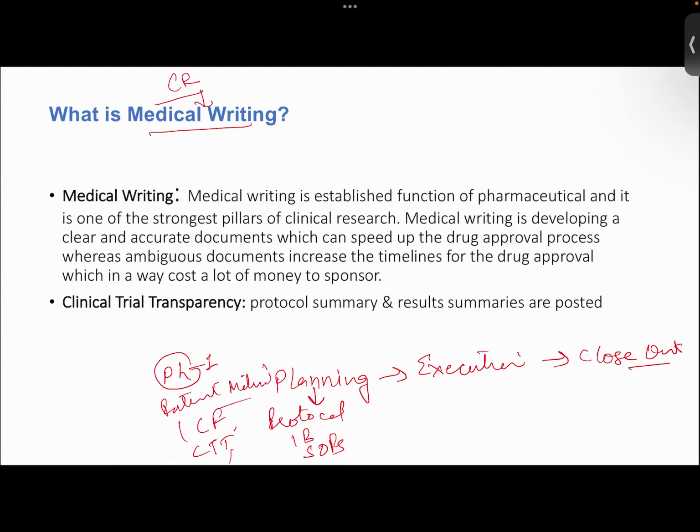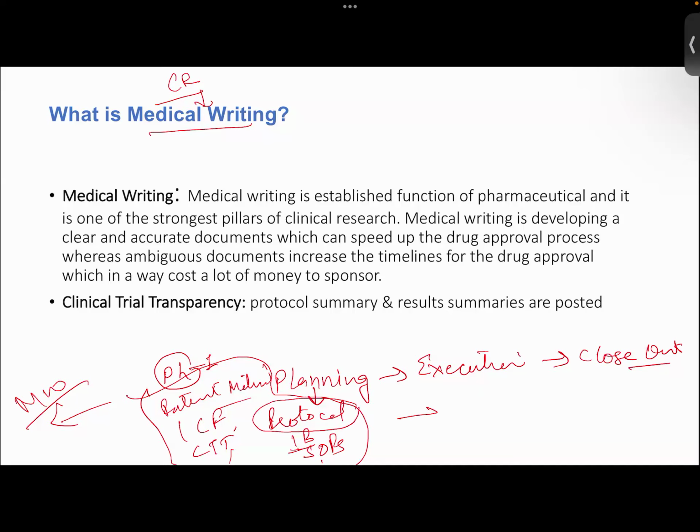Who prepares these documents? Medical writer. Correct? So the investigator's brochure, SOP, CTT document, ICF, patient material, they are all prepared by medical writers. The first document they prepare is the protocol because this and the IB are more important.